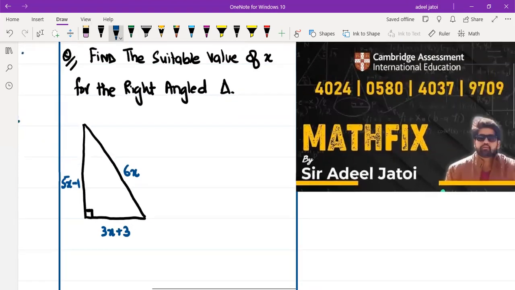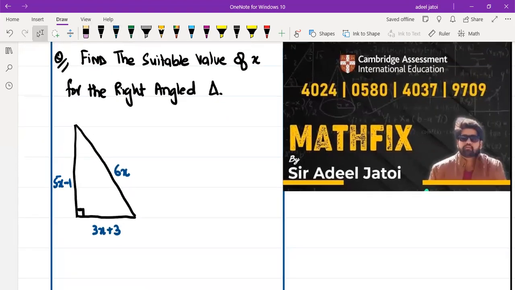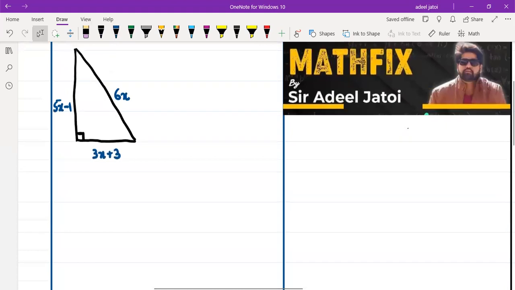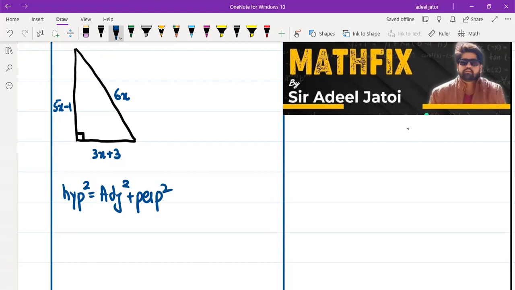You have been given all three sides of the right angle triangle, so using Pythagoras theorem, hypotenuse square is equal to adjacent square plus perpendicular square, or we can always use base square plus perpendicular square.